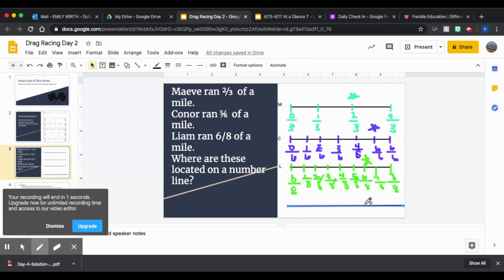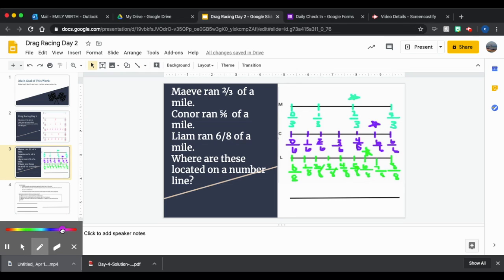Maeve ran 2/3 of a mile, so I can line my 2/3 here. This is where Maeve ran to. Next, Connor ran 5/6 of a mile, which is here, so I can mark Connor here.